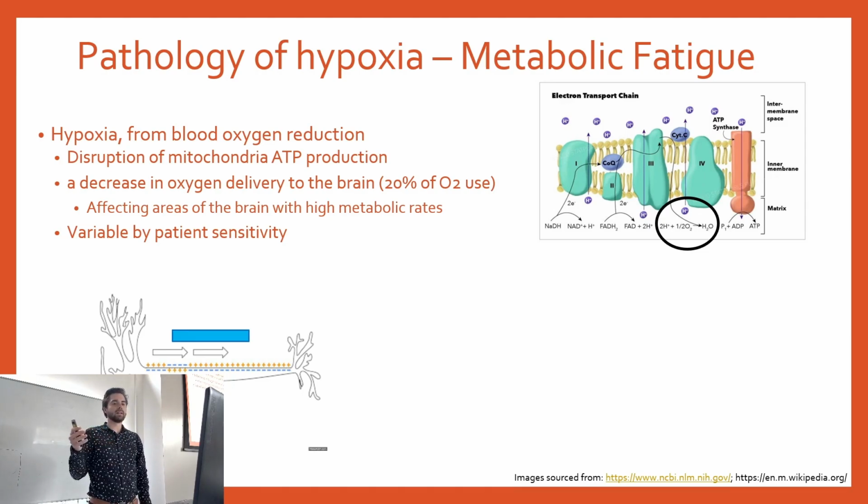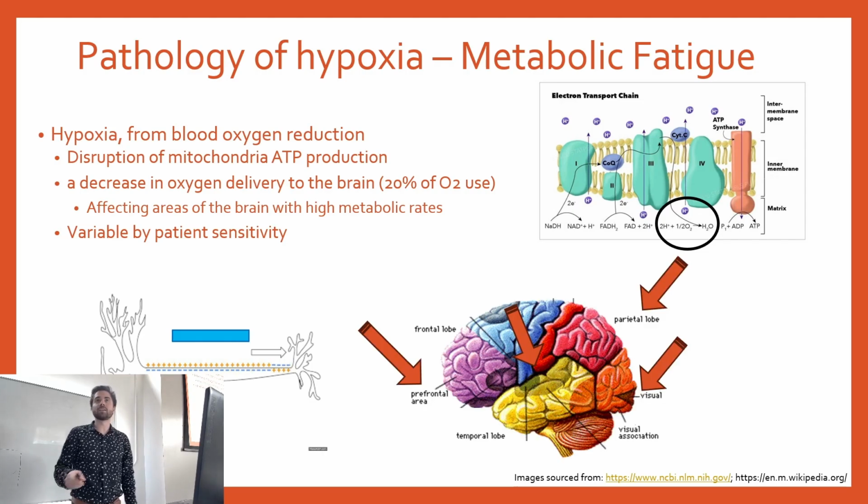For the action potential on the neuron itself, you're going to need the ability to increase the polarization, but with lower levels of ATP, we're not able to monitor this, and we get a widespread depolarization affecting very highly metabolic active brain regions, for example, the thalamus and some of the inner brain regions, as well as in the neocortex, especially in the frontal and parietal and occipital regions, which is where you'll see some activity later in the talk.